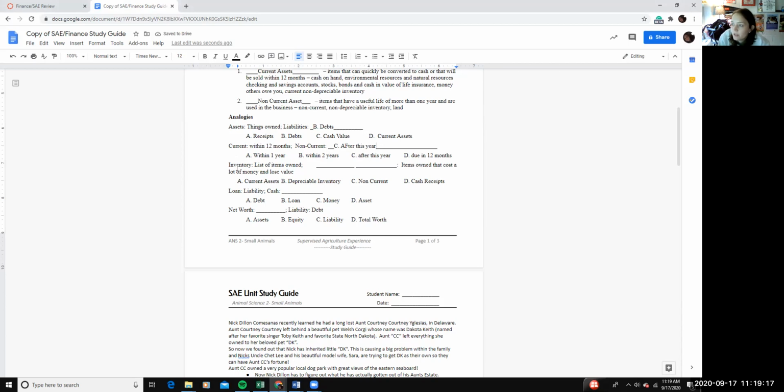All right, inventory is a list of items owned. So blank would be items owned that cost a lot of money and lose value. So they don't hold their value, they lose value, and they cost a lot of money. So for example, a car, as soon as you drive the car off the lot, it starts to lose value. Spencer, what would this one be?